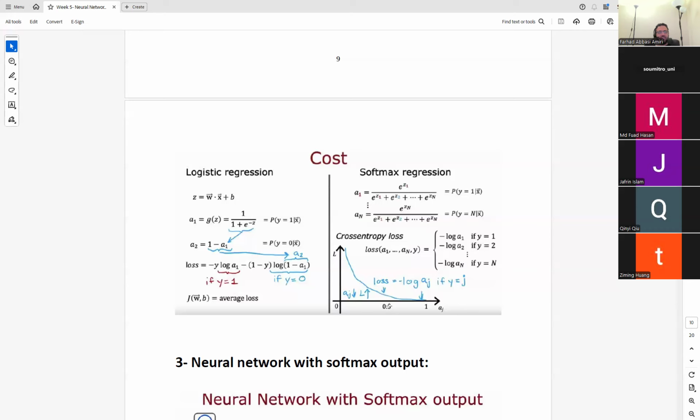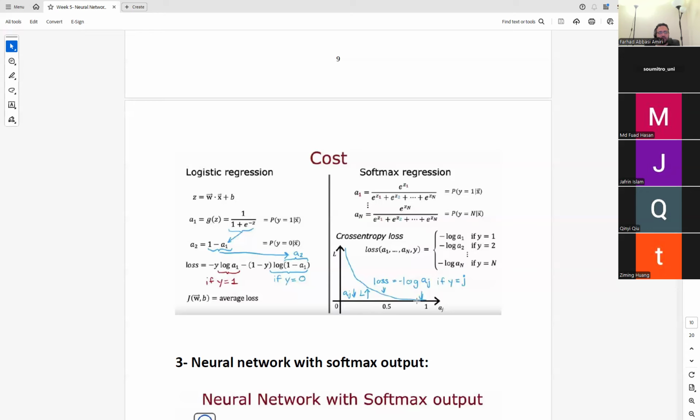And you see when aj is big, the loss function is almost 0. And then when aj is very small, for example, in this area, you see the loss function is a very large number. Why? Why, when aj is very large, is the loss function almost 0?